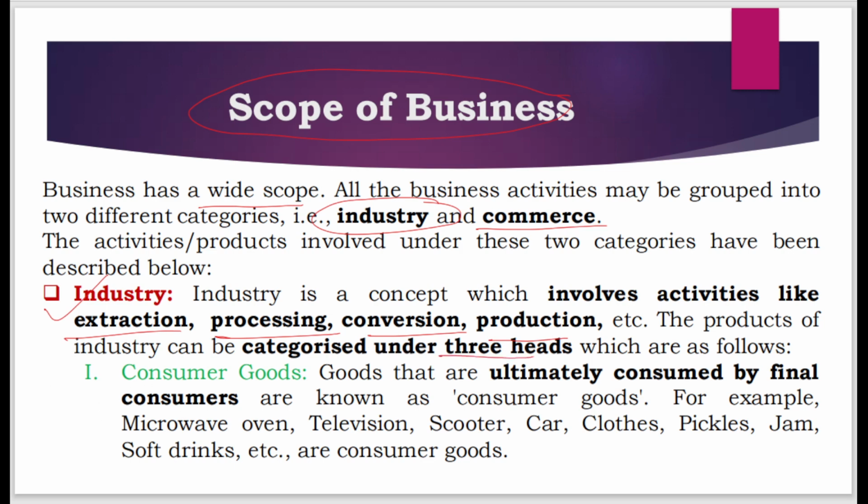First is consumer goods, which are ultimately consumed by final consumers. Any goods consumed by a final consumer are known as consumer goods. Examples are microwave ovens, televisions, scooters, cars, clothes, etc.